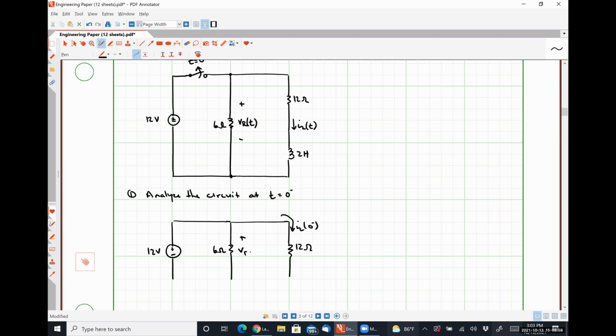Here's my voltage VR at 0 minus. Now we're going to solve for these two quantities at t equal to 0 minus, okay? How we solve for them is entirely up to us. So, any thoughts on how we might solve for either of these two quantities?